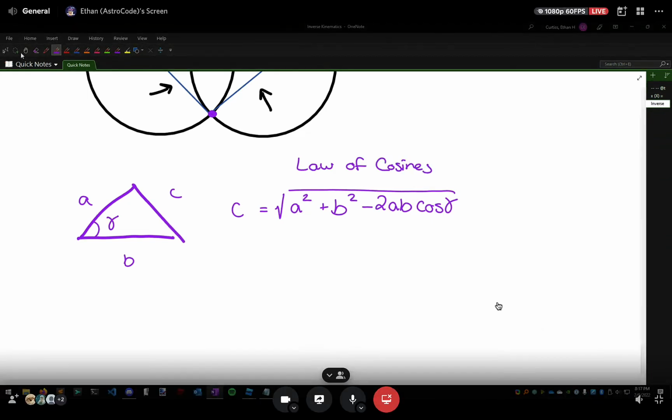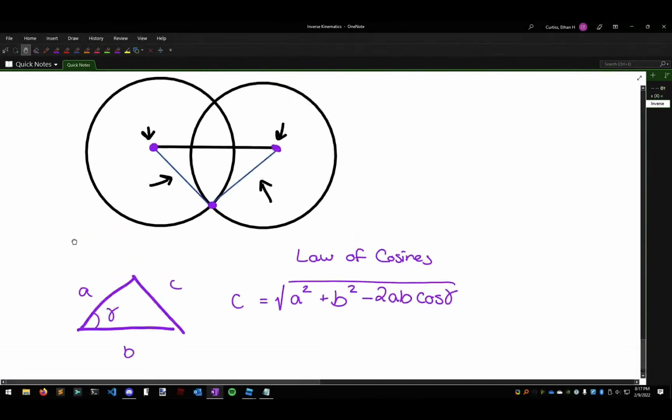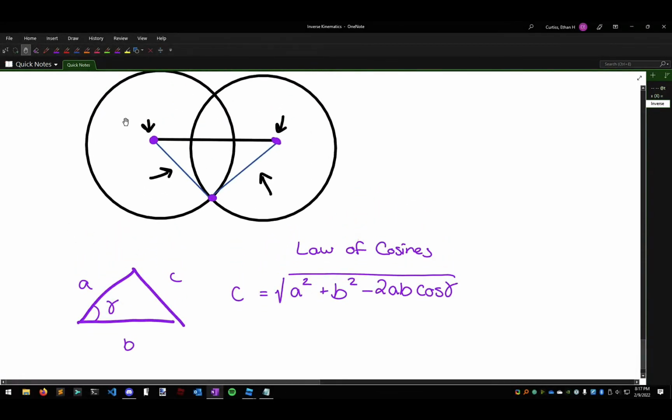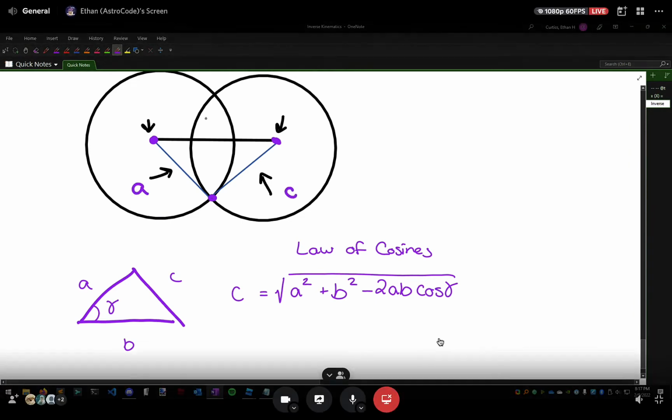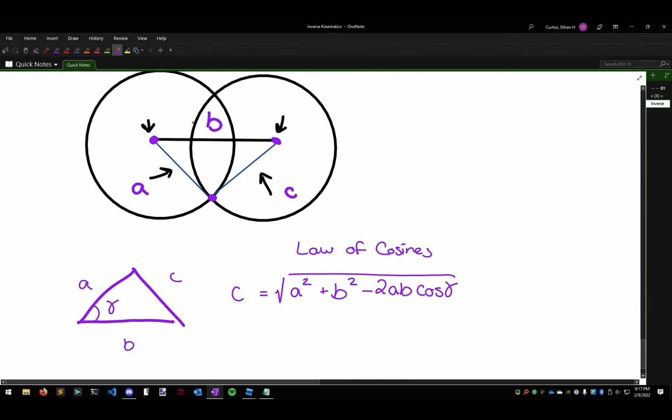Okay. So if we map this onto our problem, the upper arm is going to be A, the lower arm length is going to be B, and then C is going to be the distance, or actually, I think I labeled these wrong. This is A, this is C, and then B is the distance between the shoulder and the wrist. And we want to find this angle, because with this angle, it'll help us to find the elbow.